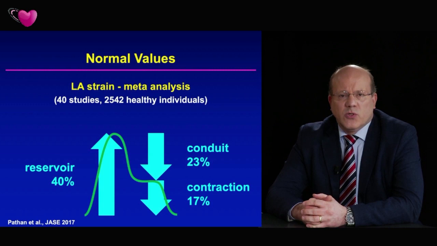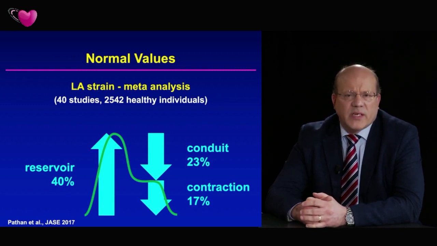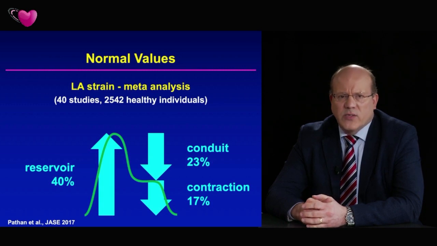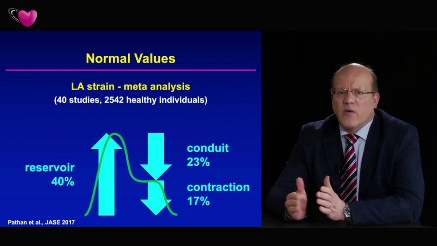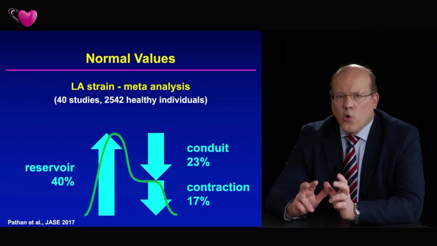This study did not report standard deviations since it was a meta-analysis, but the standard deviations are rather high, so you should think of values in the range of 10%. So if we want to define cutoff values like lower limit of normal or so, we are far away from that normal value.